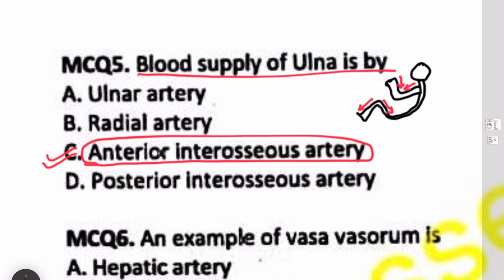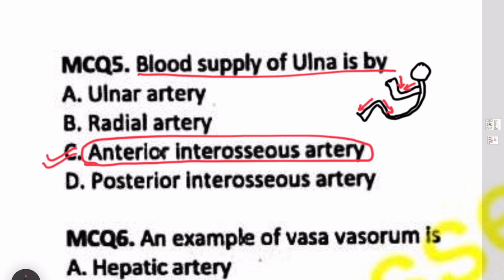This is one concept of remembering the direction of nutrient artery. So here the direction of nutrient artery in ulna will be directed proximally, towards the upper end.